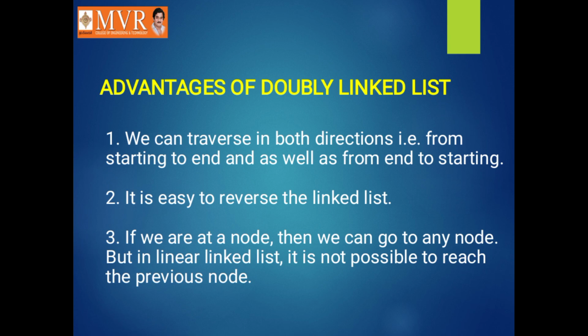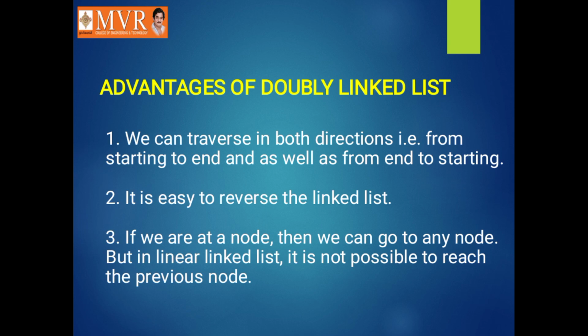Advantages of double linked list. We can traverse in both directions. It is easy to reverse the linked list. If we are at a node, then we can go to any node, but in a linear linked list, it is not possible to reach the previous node.